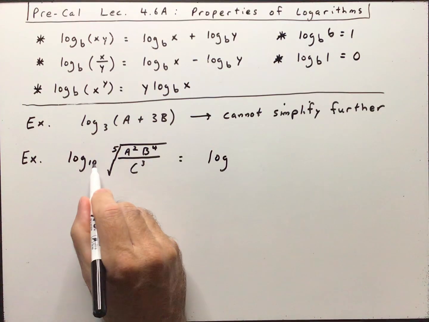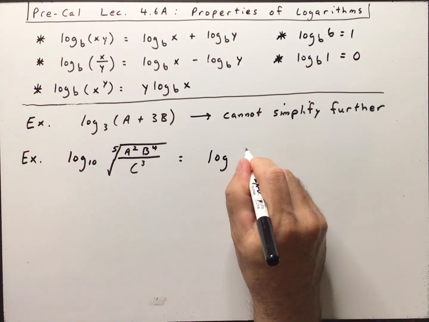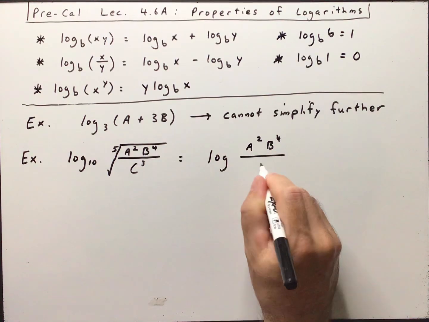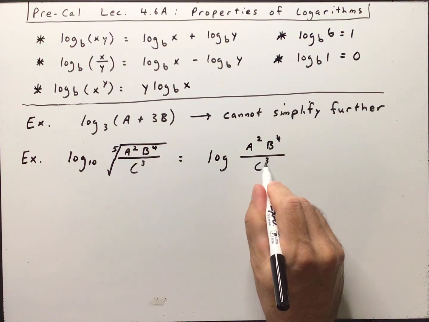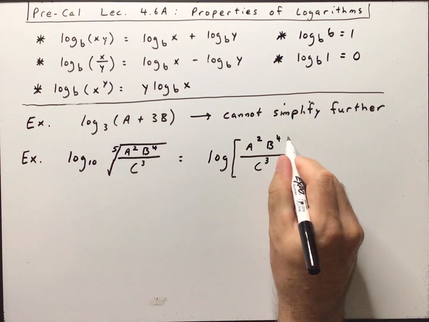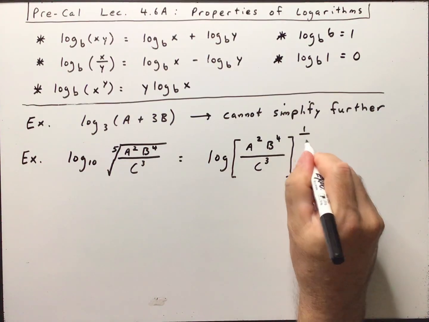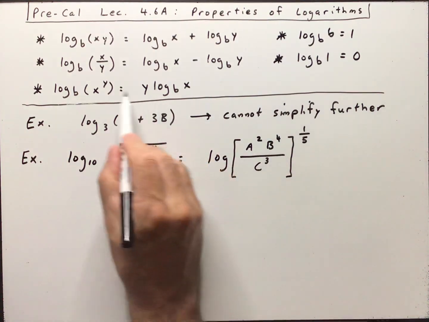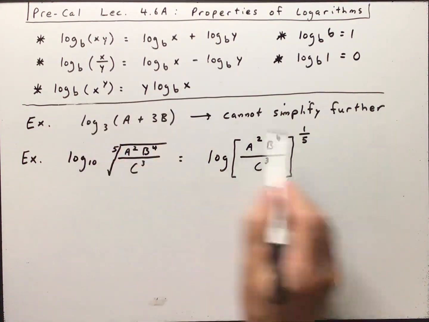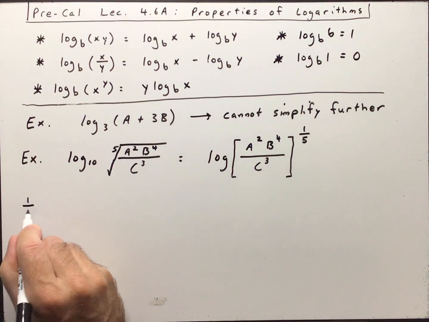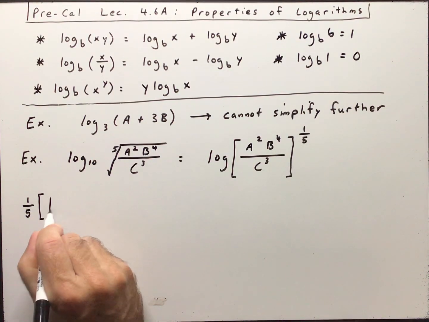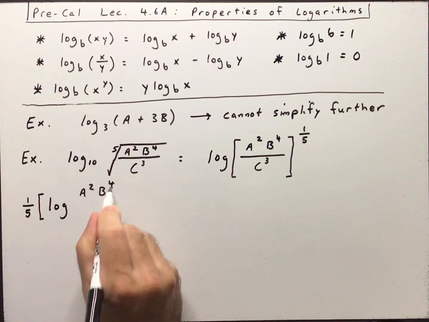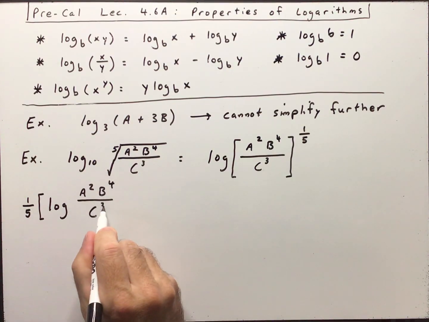And I'm going to stop writing the 10 here because this is a common log. So this is going to be a squared times b to the 4th over c cubed, all to the 1/5 power. So the first thing I'm going to do is utilize this third property of logarithms and bring that exponent out front. So I've got 1/5 times the log of a squared b to the 4th over c cubed.